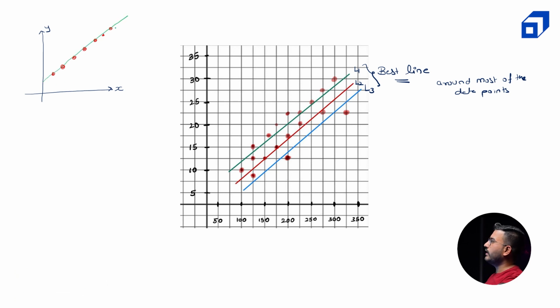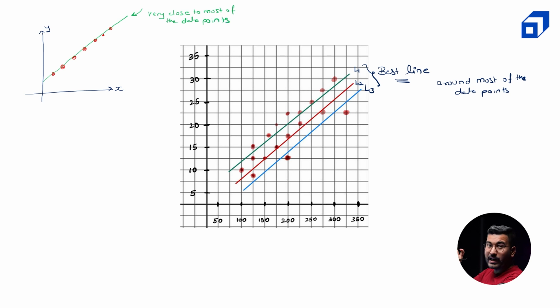Why? Because this line is passing through most of the data points, and this line is very close to most of the data points.